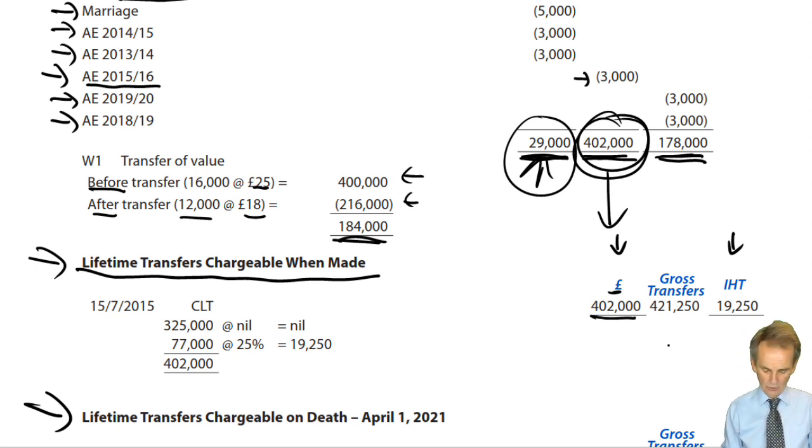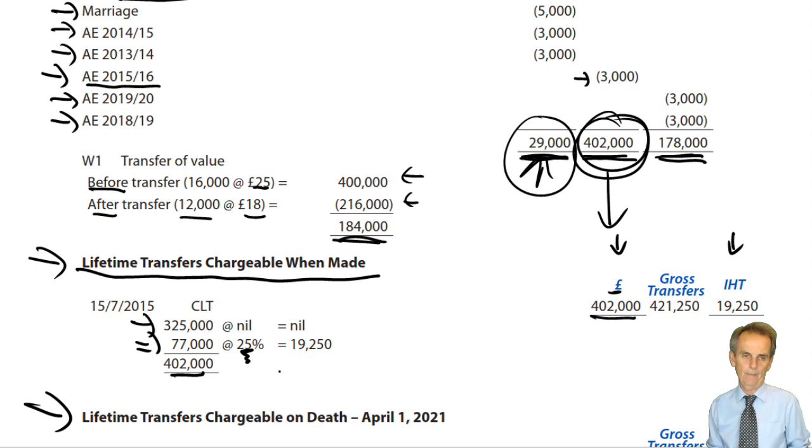That goes above 325, so the full 325 nil rate band is available. It's the first CLT that has ever been made by the taxpayer. That therefore uses up the 325 nil rate band and means that out of the 402, it leaves 77,000 to be then taxed at 25%.